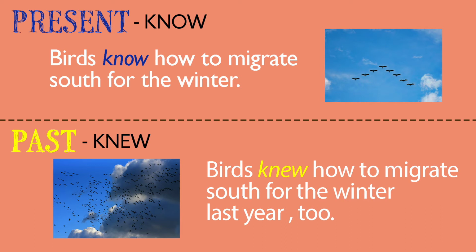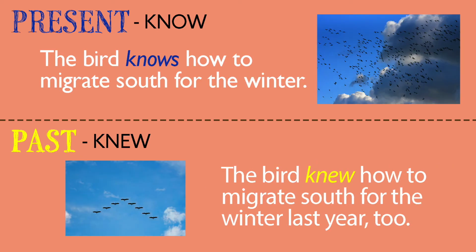Know. Birds know how to migrate south for the winter. Knew. Birds knew how to migrate south for the winter last year, too. Know. The bird knows how to migrate south for the winter. Knew. The bird knew how to migrate south for the winter last year, too.